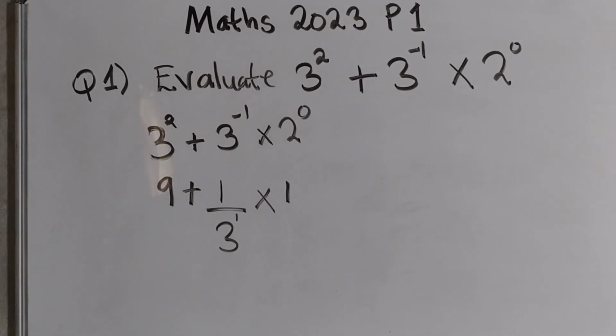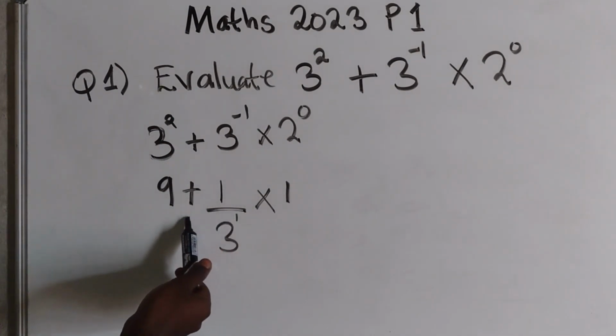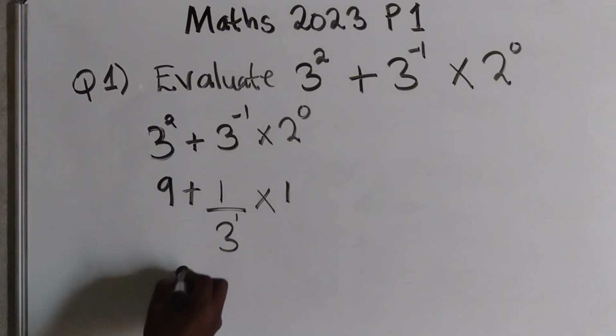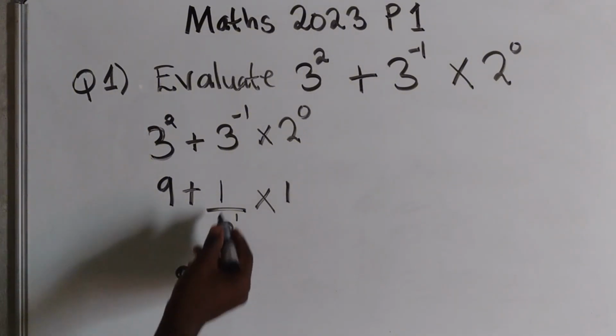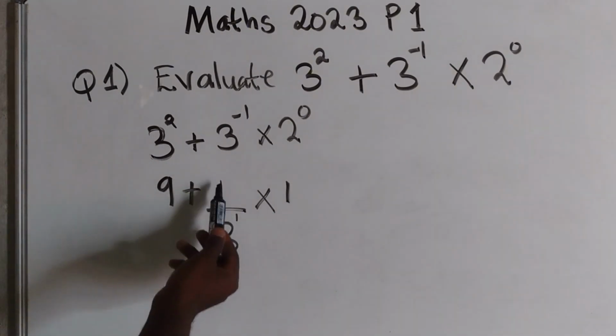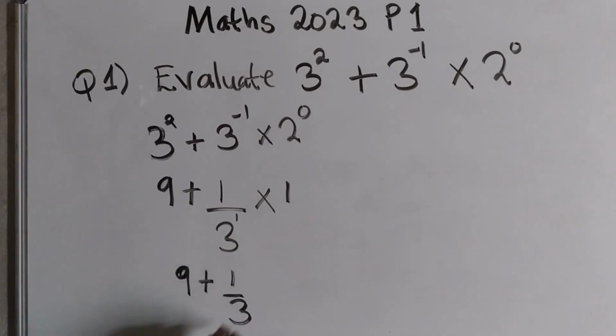Then from here, what's next? You can see multiplication comes first before addition, so we write 9 plus 1 over 3. Now, 3 raised to the power of 1 is the same number 3. So 1 over 3 times 1 will give you 1 over 3.